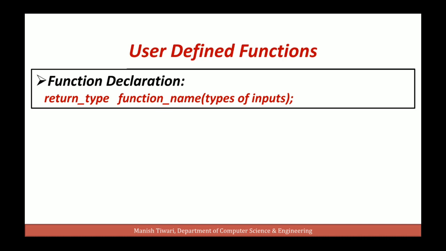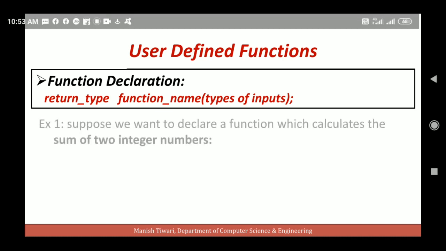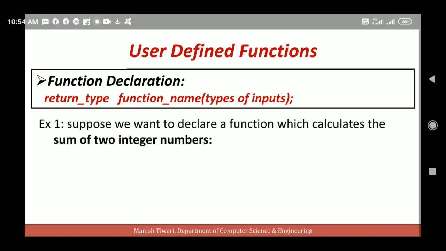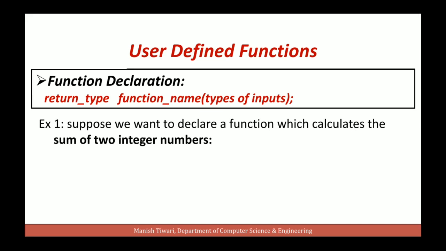We can understand this with some more examples. Suppose we have to declare a function which calculates the sum of two integers. What we need to do is first think of the name of this function, and of course we need to find the number of inputs and the type of inputs, and we need to know the type of output also.